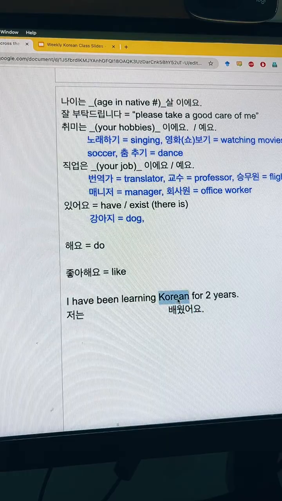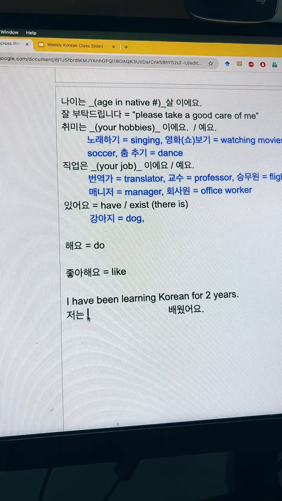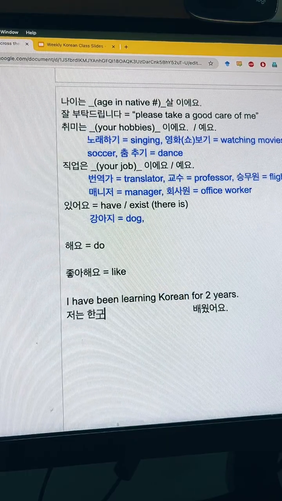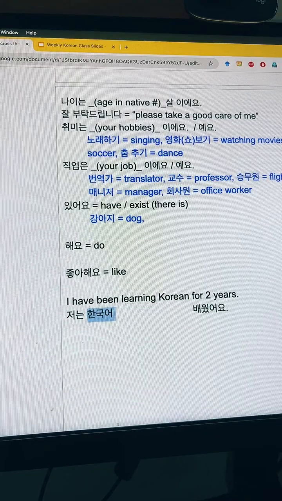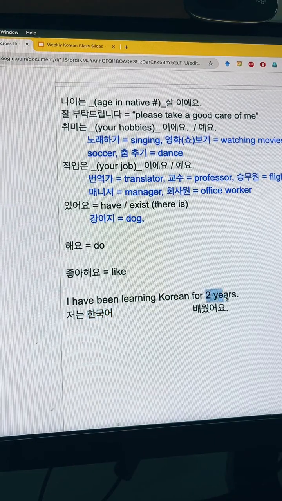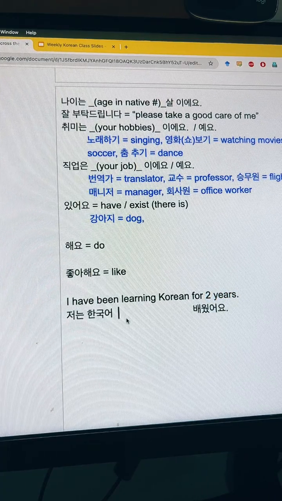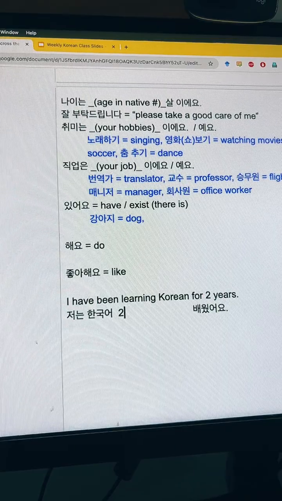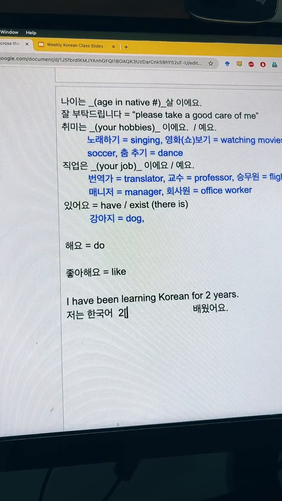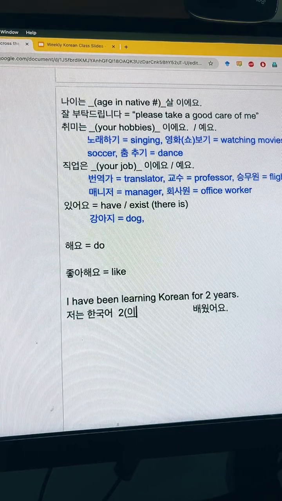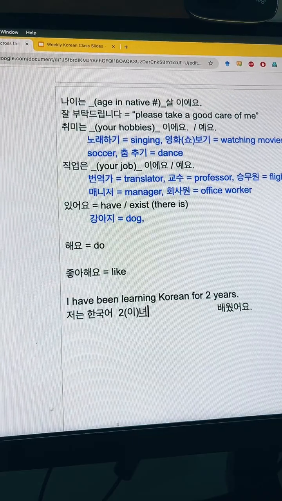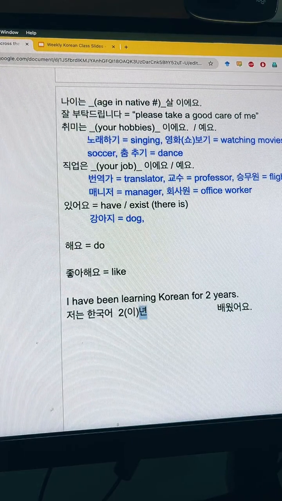Learned. Korean. In Korean, how do you say? 한국어. 한국어 means Korean language. For 2 years. How do you say 2 years? 2, you actually use the sino number, but I'm just gonna write it here like this. Year. 년. 년 means year. So 2 years. Okay?